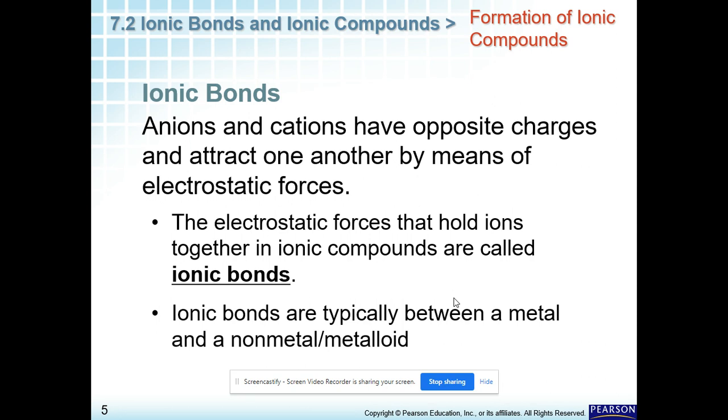The specific name for the electrostatic force that holds ions together is ionic bonds. Typically, these bonds occur between a metal and mostly a nonmetal. The reason for this is because most metals form cations and most nonmetals or metalloids tend to form anions.